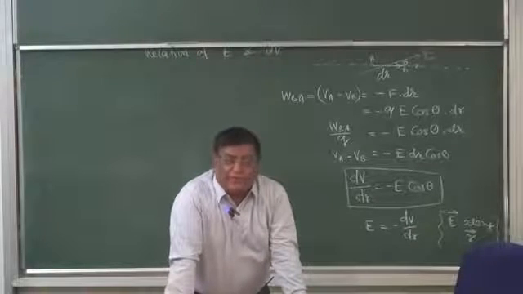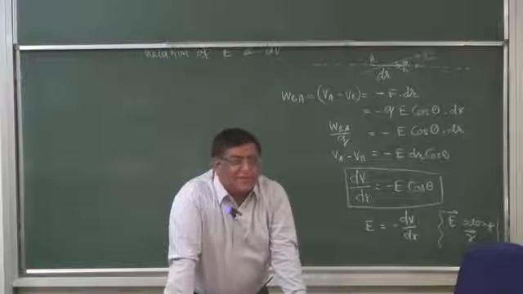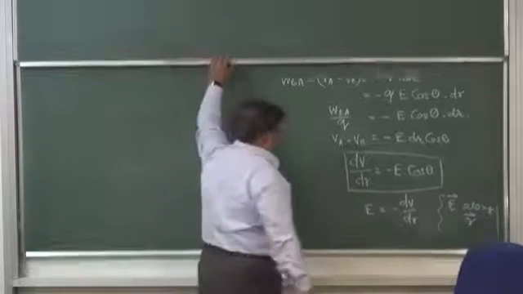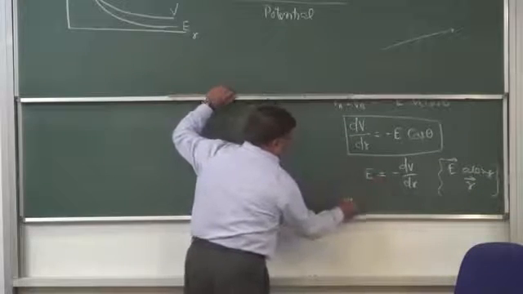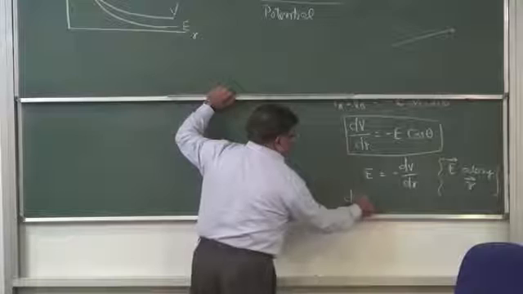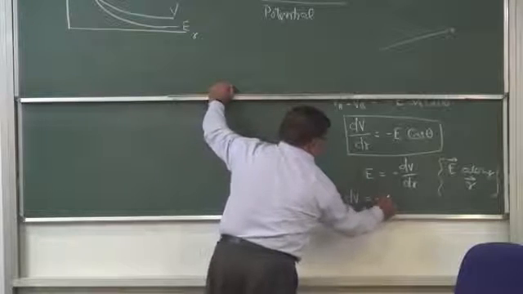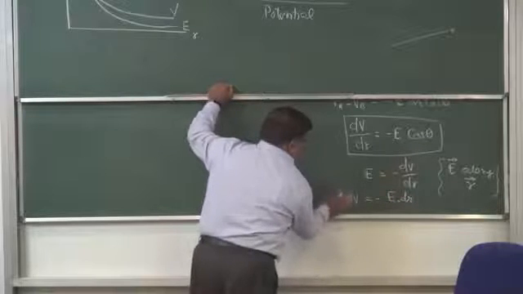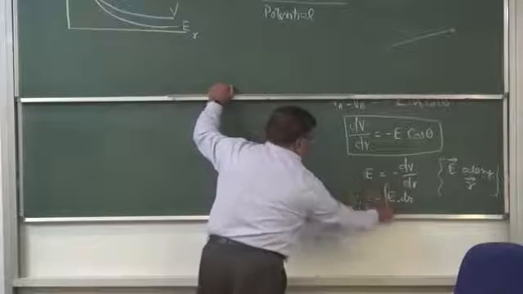We are going to use this relation a lot in physics, that electric field is given by dV by dr. With this we can make potential difference equal to minus E dr, and integrate.